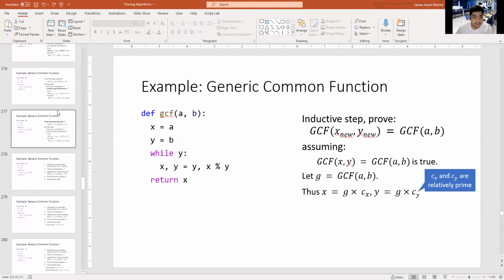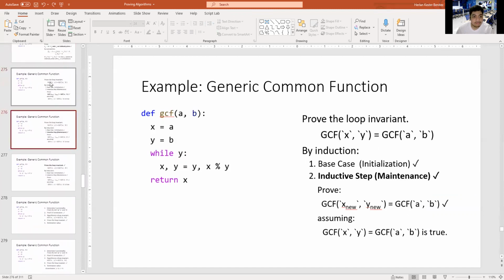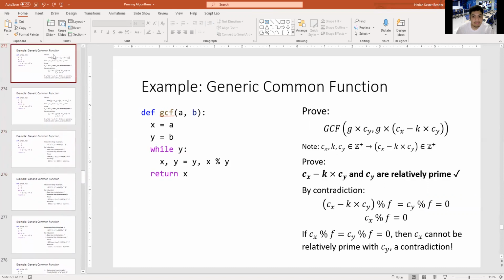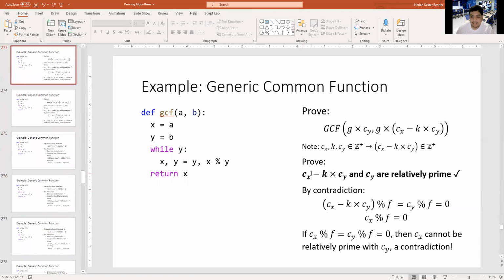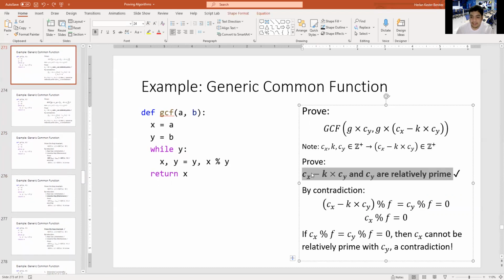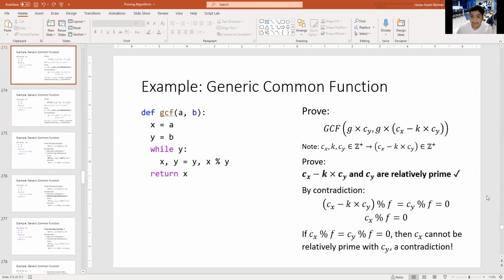So, since we found a contradiction, we have proven that these two terms should be relatively prime.